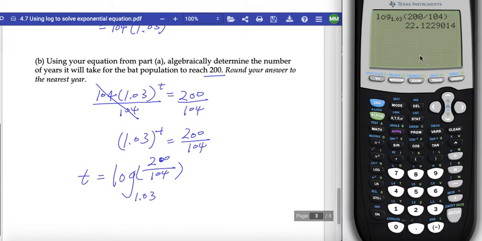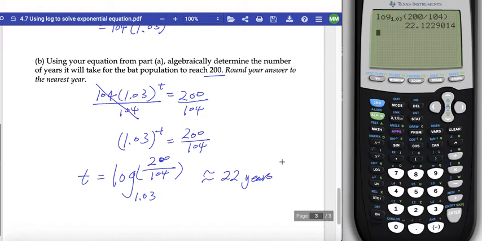Okay, the answer says 22.122. We are going to round the answer to the nearest year, so it's going to be 22 years, just a little bit more than 22. So it will take about 22 years to reach 200.